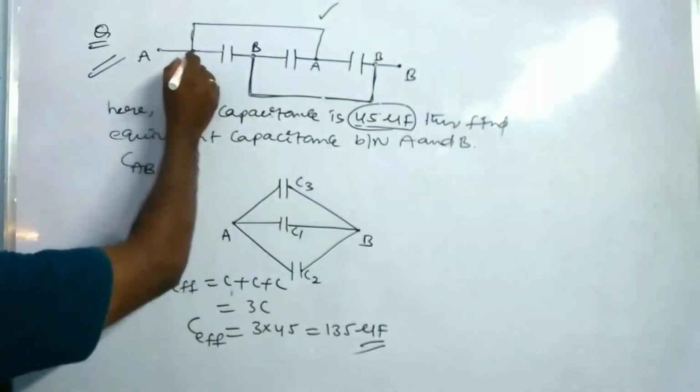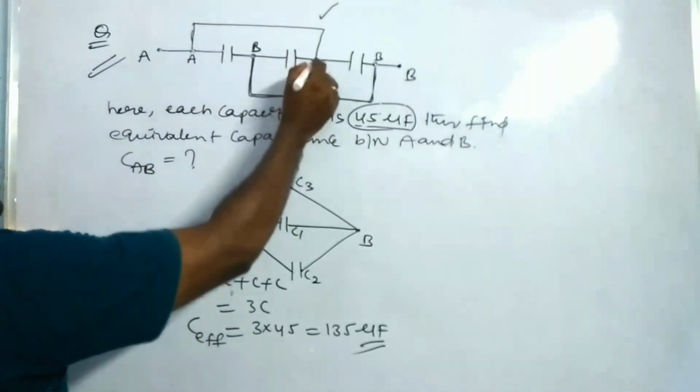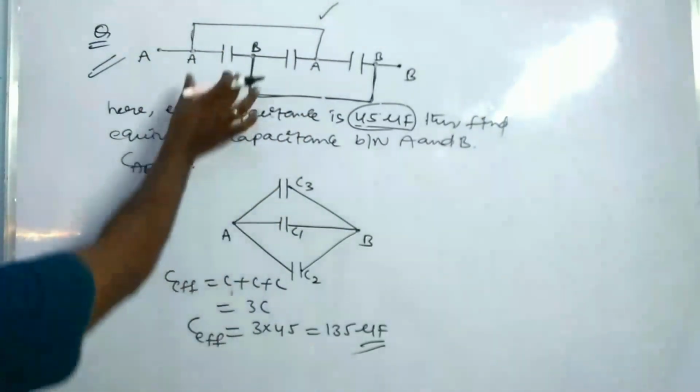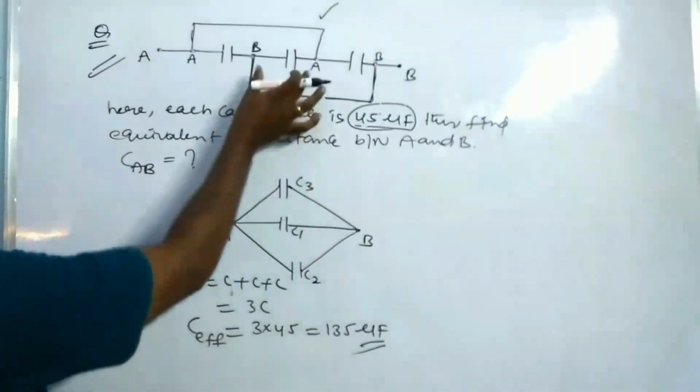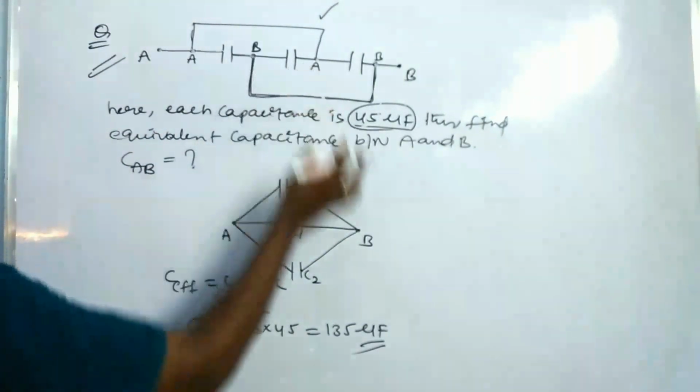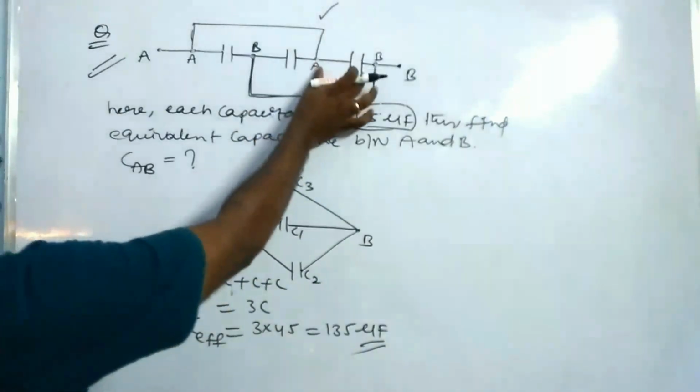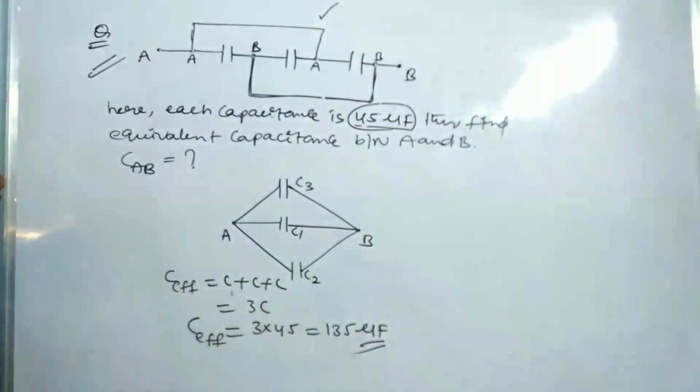It is B. If it is A, this connection is through how much? A. So between A and B there is a capacitor, and B and A another capacitor, B to A. The other capacitor A to B. So here three capacitors are connected in parallel combination. You have to find the effective capacitance, which is 135 microfarad. Clear?